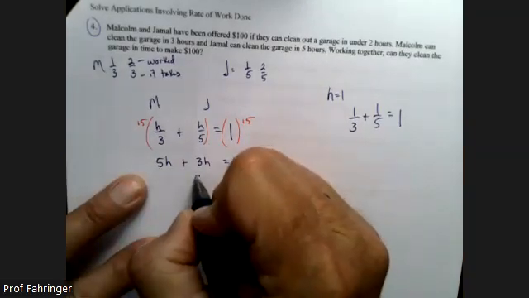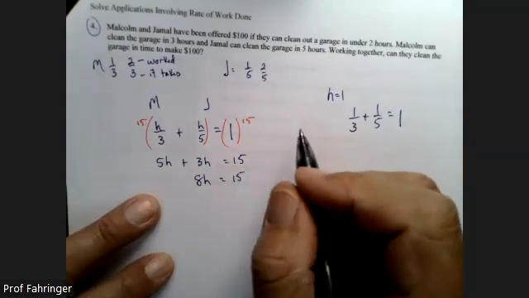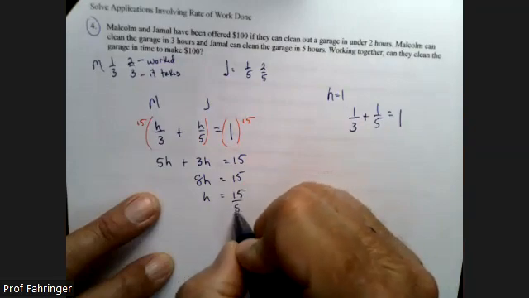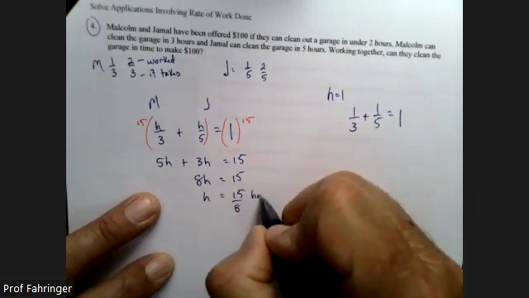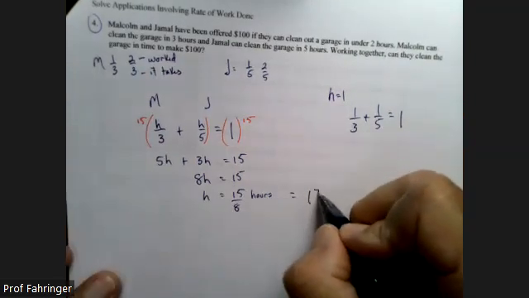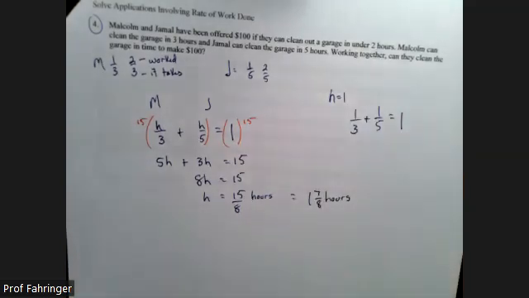That is 8h. So H equals 15 over 8, but that's hours. That's 1 7/8 hours. And we did, in fact, answer the question. Can they get it done in less than 2 hours? The answer is yes.